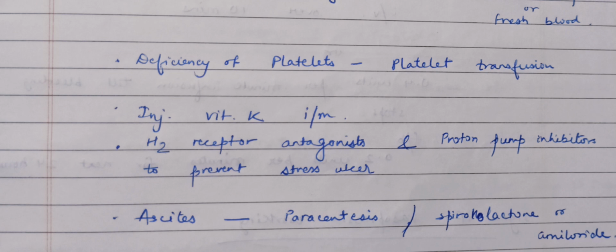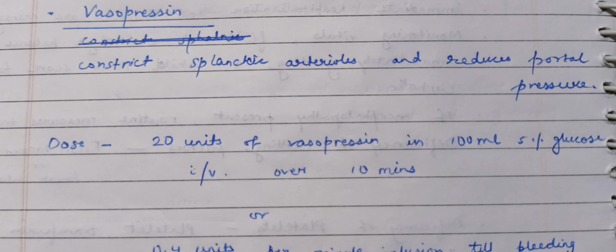To avoid stress ulcers, we will give them H2 receptor antagonists like ranitidine, cimetidine, and proton pump inhibitors like pantoprazole or omeprazole, right? Now, if the patient has tense ascites, then we can do paracentesis carefully, or we can give them spironolactone or amiloride to treat the ascites.